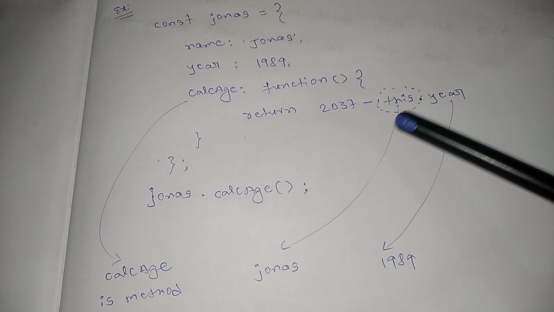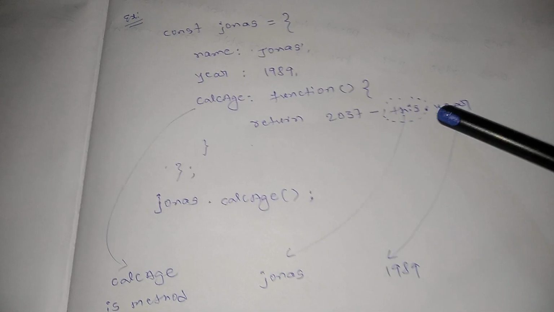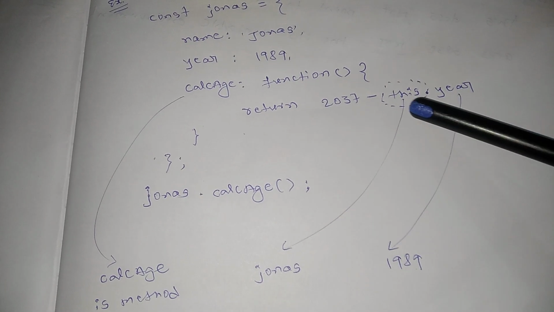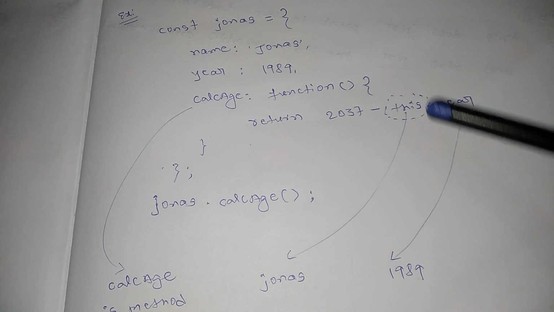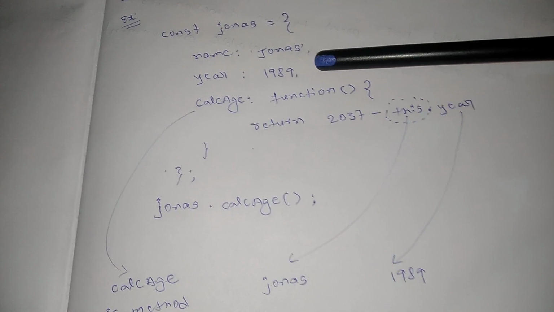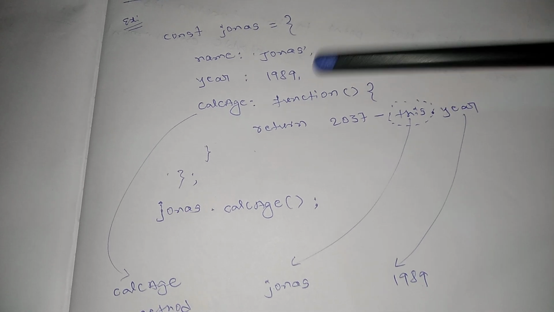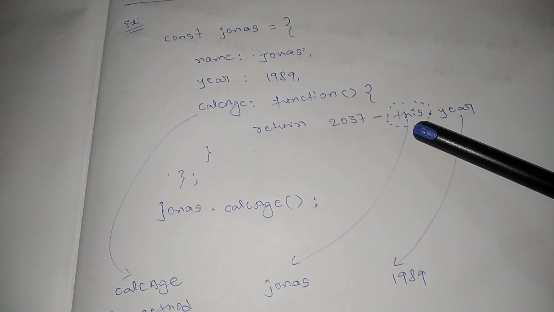In this case we are trying to access this.year, meaning Jonas.year. So it is equivalent to writing Jonas.year, but that would be hard coding. What if I change the year, 1989, to something else? In that moment it will be difficult. That's why it is better to use this.